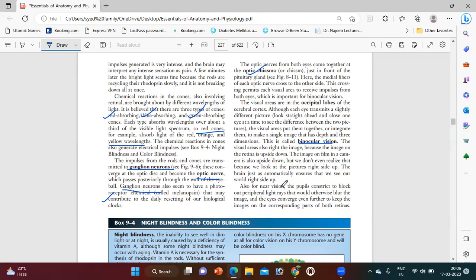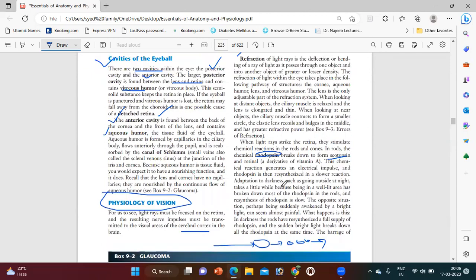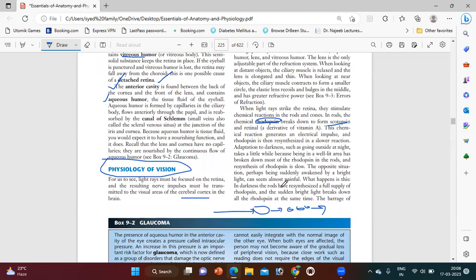If you have good light, the pupil will constrict. If a large amount of light rays enters your eyeballs, what will happen? You already studied that rhodopsin will convert into scotopsin, and again it will resynthesize. It will take time, so the eye wants to save the rhodopsin.